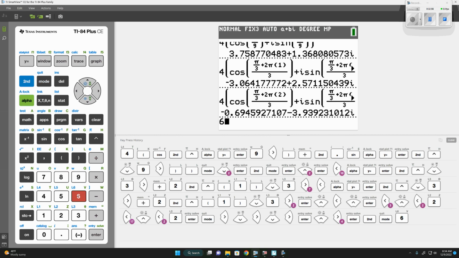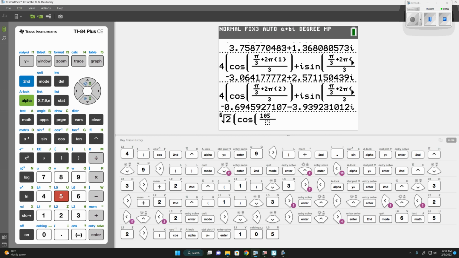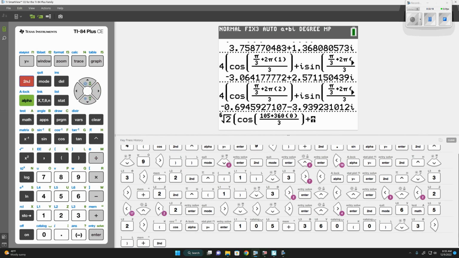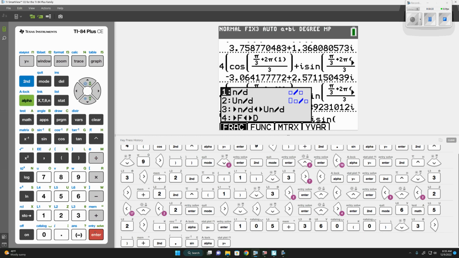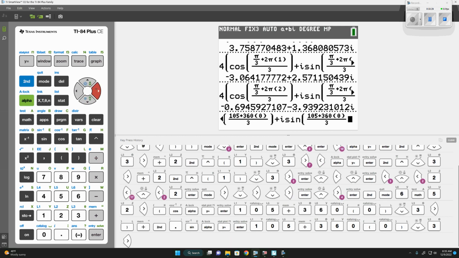So 6, math, down to the 5th one, 2, parentheses, cosine, alpha y equals, enter 105 plus 360 times 0 over 3, parentheses, plus i sine, alpha y equals, enter 105 plus 360 times 0 over 3, close parentheses, close parentheses.